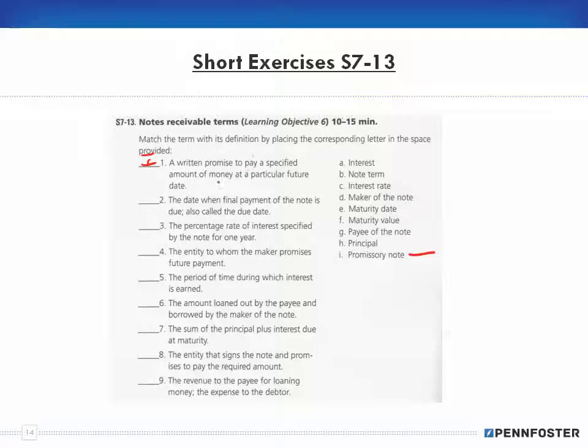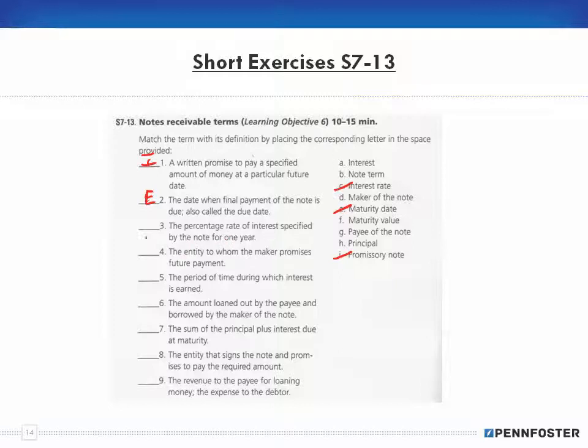Because you're promising to pay an amount at a future date. It's a written promise. It's a promissory note. 2. The date when final payment of the note is due, also called the due date, and that would also be the maturity date. So that's E. Right, the percentage rate of interest specified by the note for 1 year.